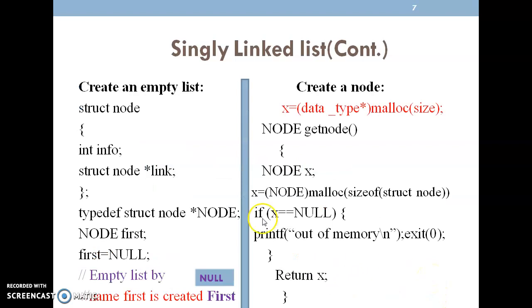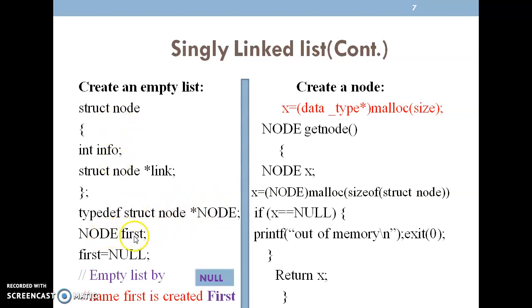In order to insert any element into the linked list, first create an empty list. Once you create the empty list, then only you add the new node into it. So first step, create an empty list like this one. Up to this, a node has been called with the structure definition.